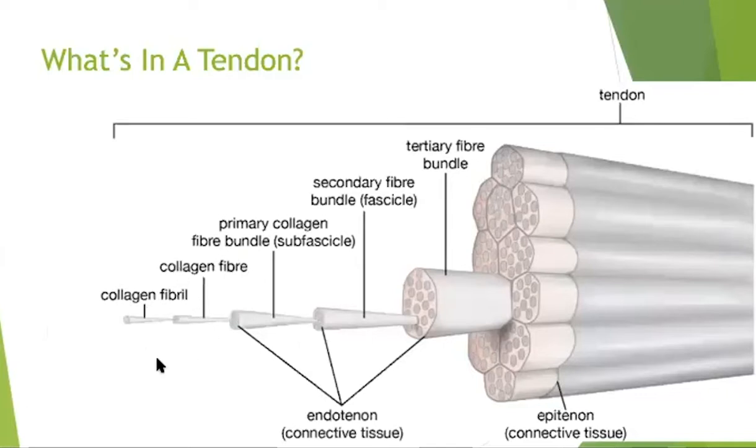So these are the main structural components. And then you can see there's primary, secondary, and tertiary bundles, which make up really the tendon. On the outside here, you can see there's some connective tissue, and it's surrounded by a tendon sheath. And that'll be important later. And these are an important component of the musculoskeletal system to transmit forces to the skeletal system.